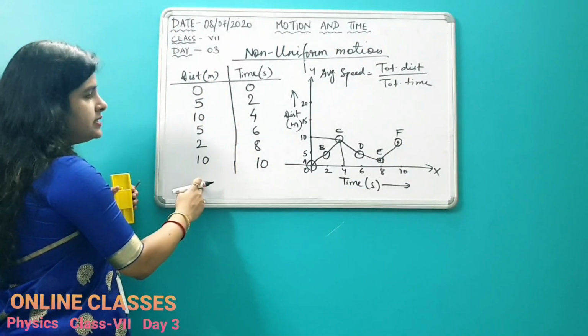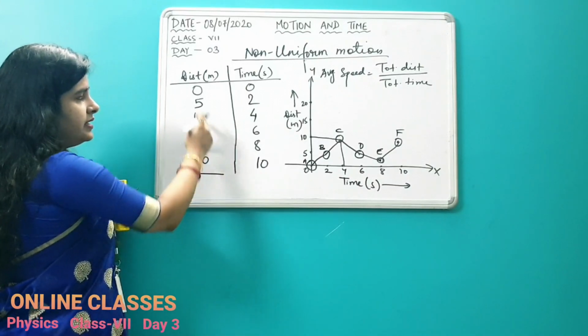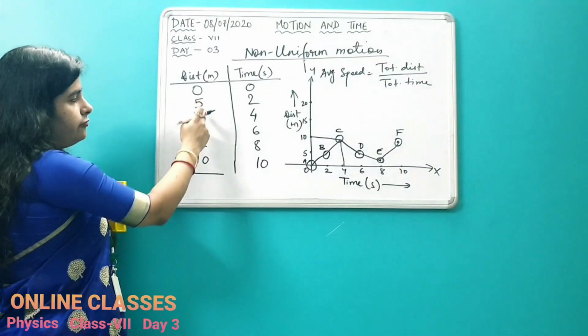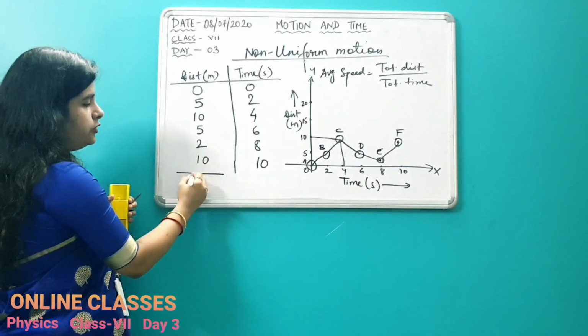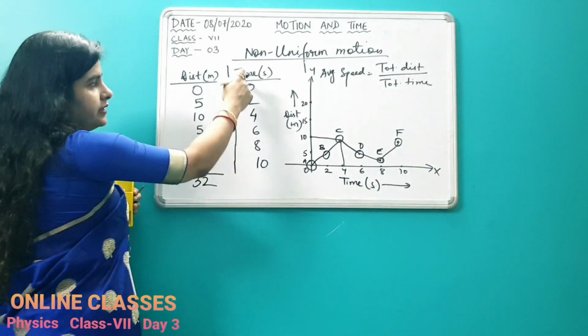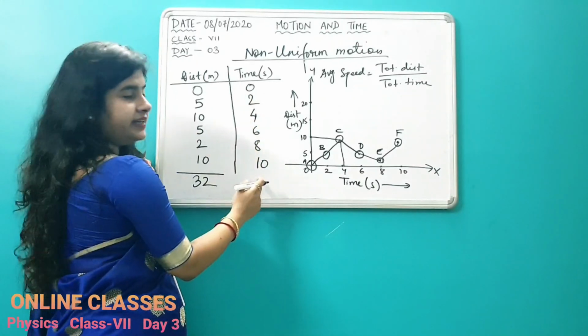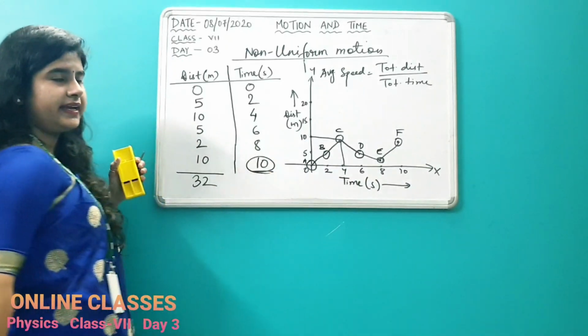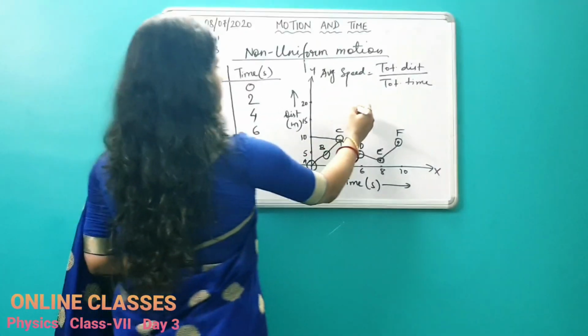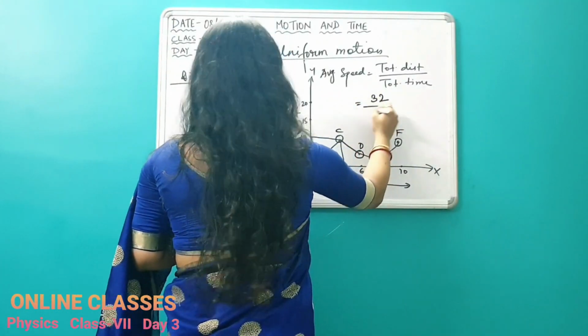What is the total distance of the whole journey? Let us add up. 5 plus 10, 15 plus 5, 20, 20, 32. 32 meter. And the total time is already getting added. So total time is how much? It is 10 seconds. So my average speed is 32 by 10.